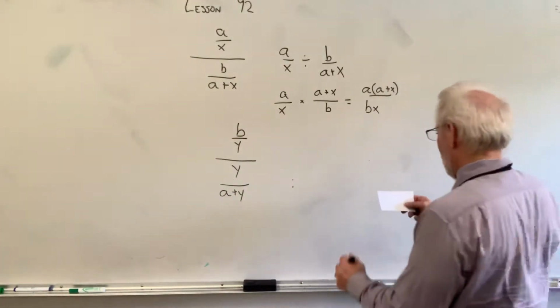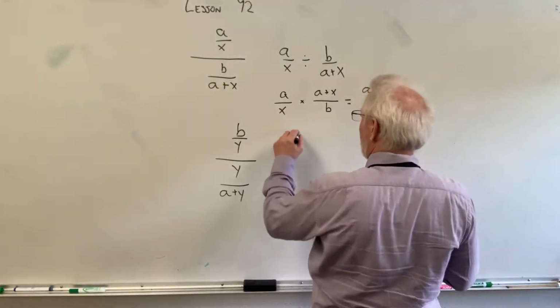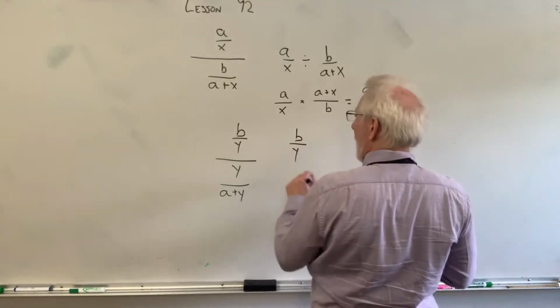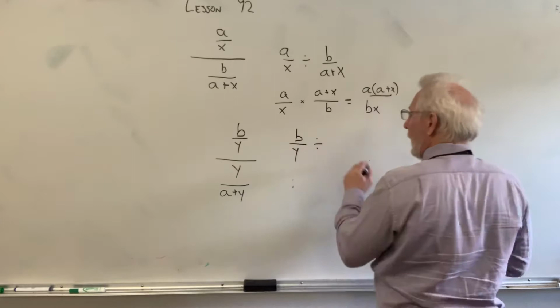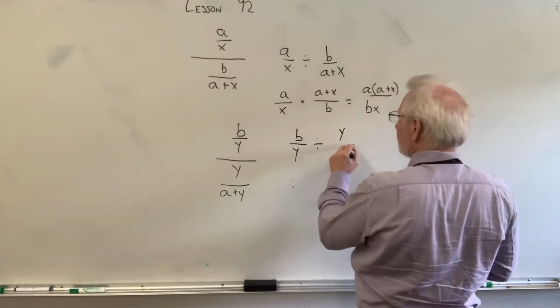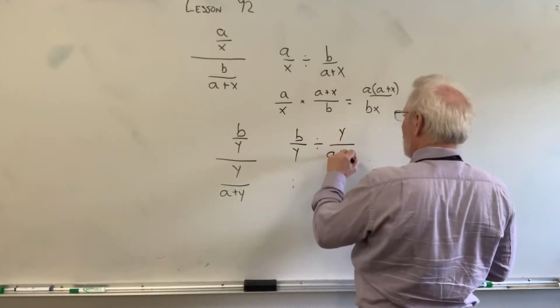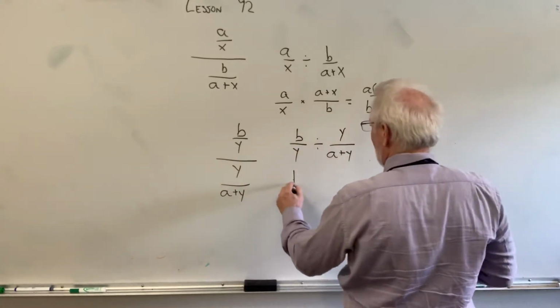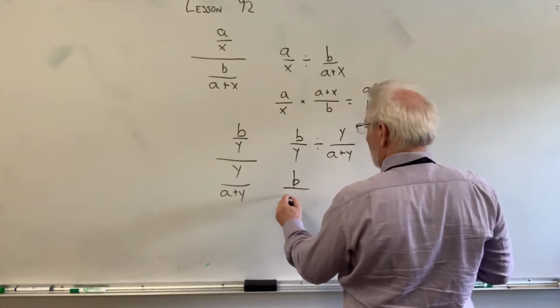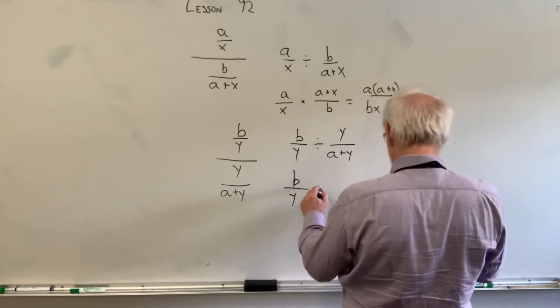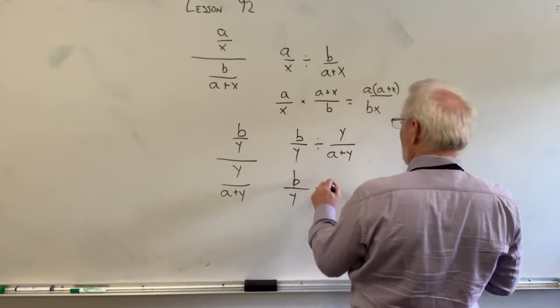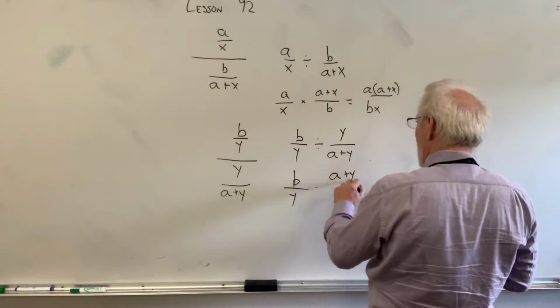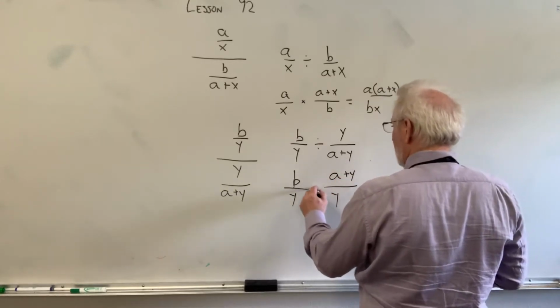All right, so here we go. We should get B over Y divided by Y over A plus Y. And you might get really excited here, but you can't do that because we never divide, we multiply by the reciprocal. So we're going to get A plus Y over Y, multiply.